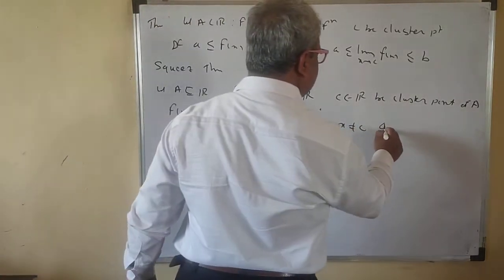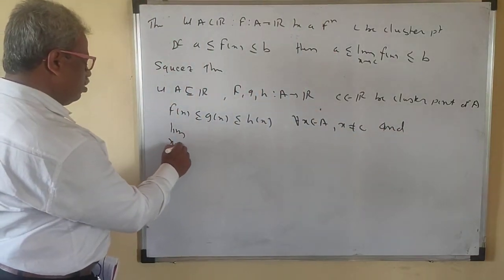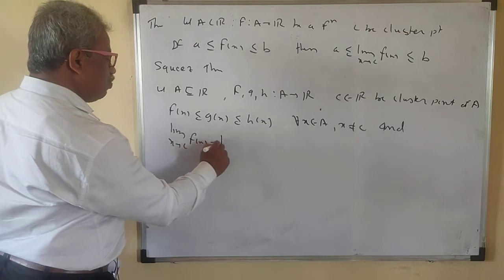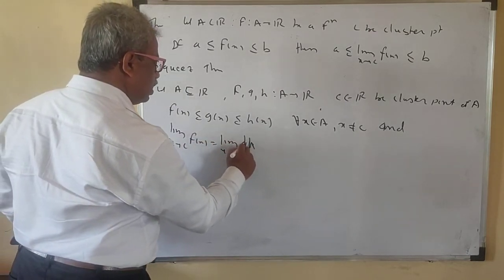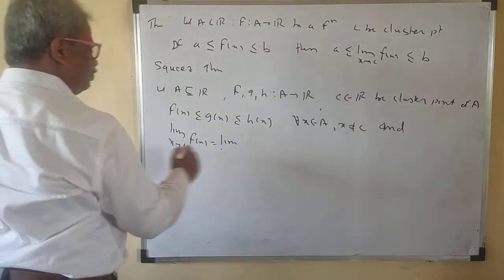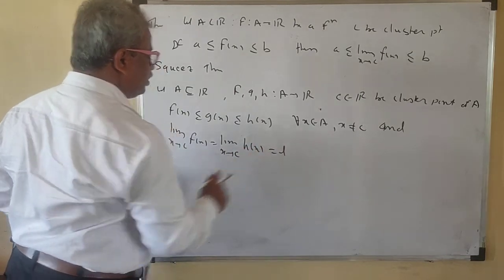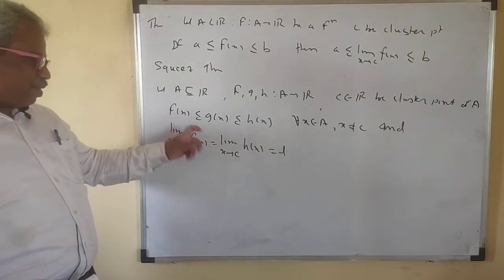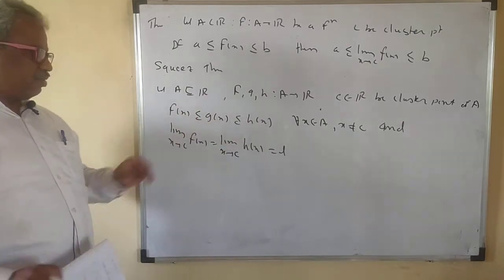And limit x tends to C, f of x is equal to limit x tends to C, h of x, equal to L, say. So the limit of f of x and the limit of h of x are the same, and g of x is the function that lies between them.